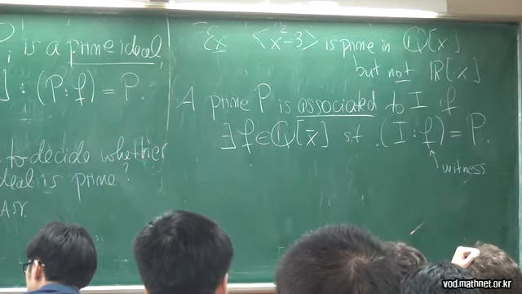So F should be a polynomial that's not in I. But if I multiply it by A, it lands in I. Then if I multiply it by B, it also lands in I. Anybody have a suggestion? D plus C. C plus D. This one.